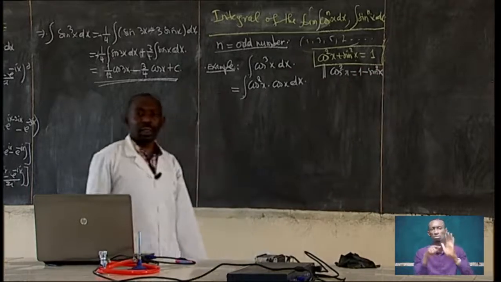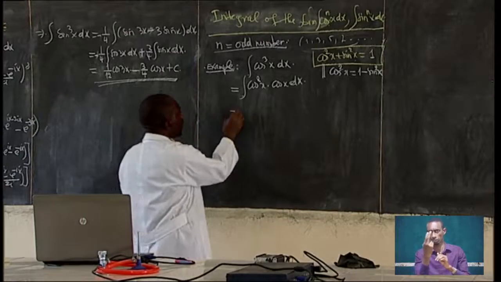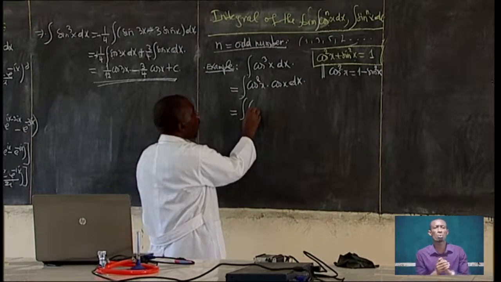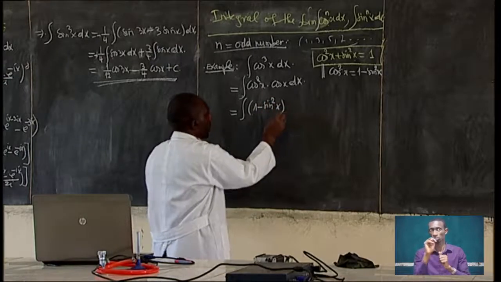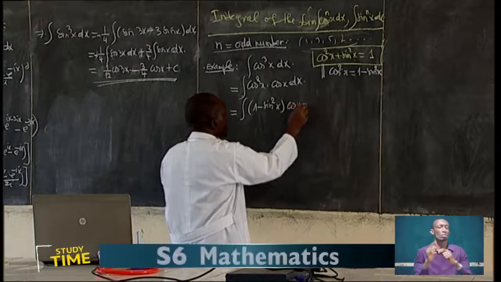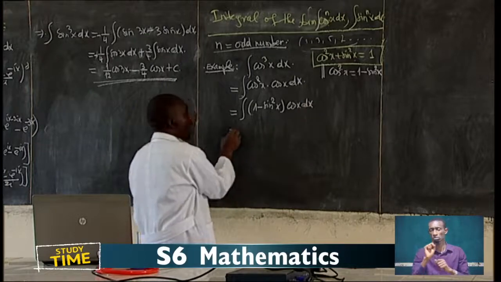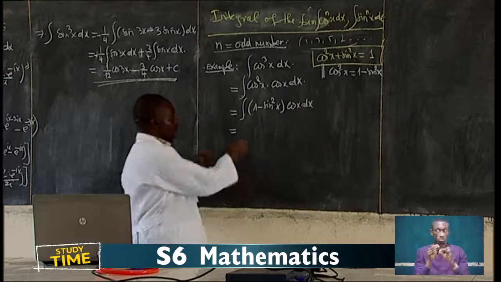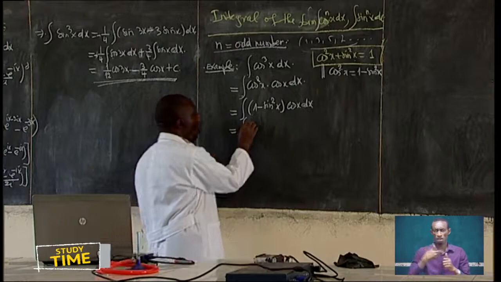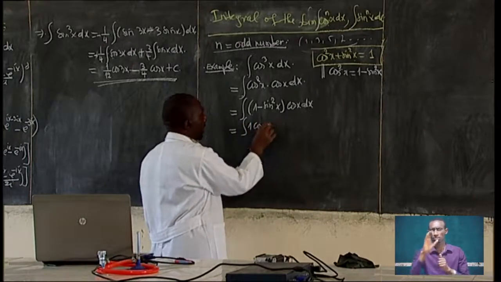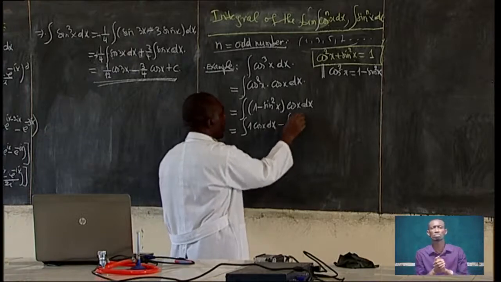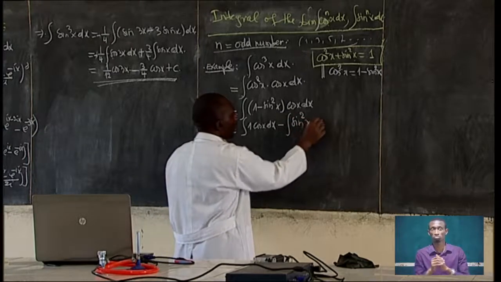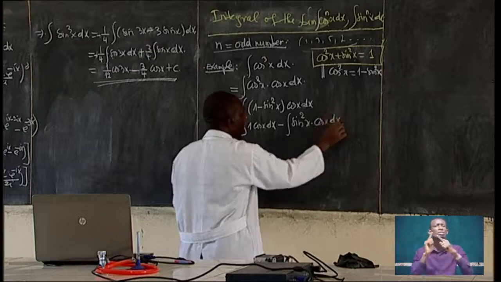Do you see? Means that my integral becomes integral of 1 minus sine squared x times cosine x dx. And when I expand this, I'll be having 1 cosine x dx minus integral of sine squared x times cosine x dx. Do you see?